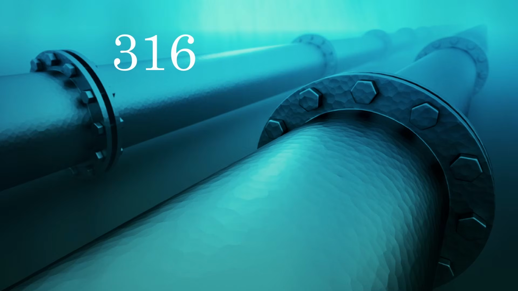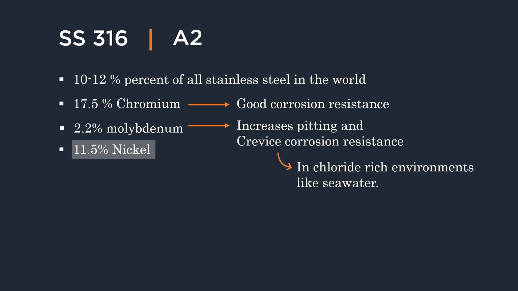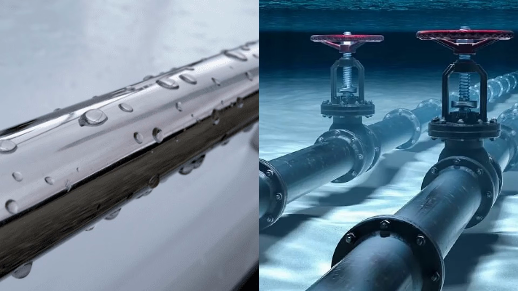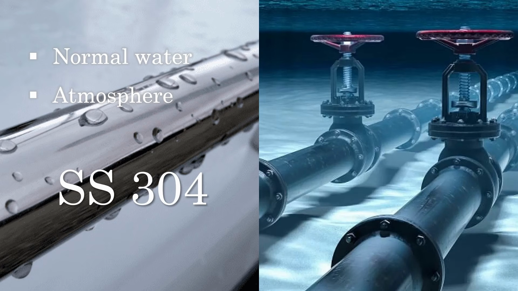Nickel is also slightly higher, around 11.5%, so the weldability and strength improve a bit. But because of the higher nickel, cost also increases. So in normal water and atmosphere, 304 is enough.